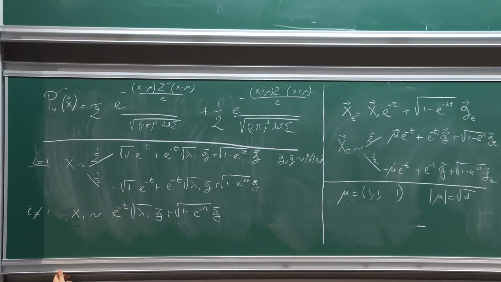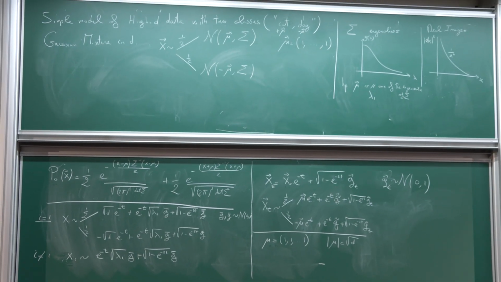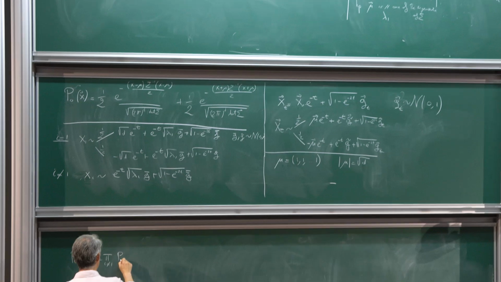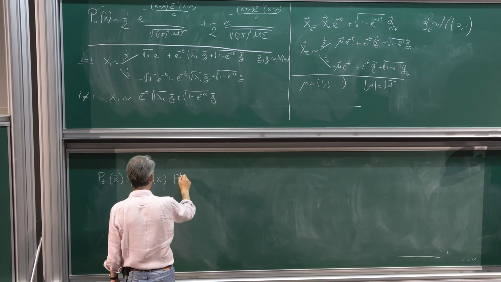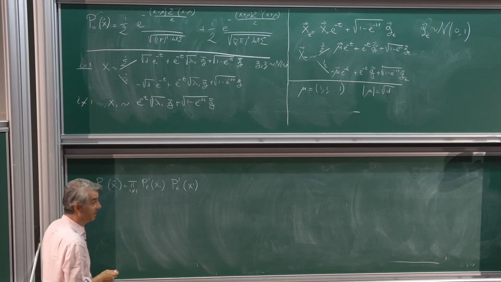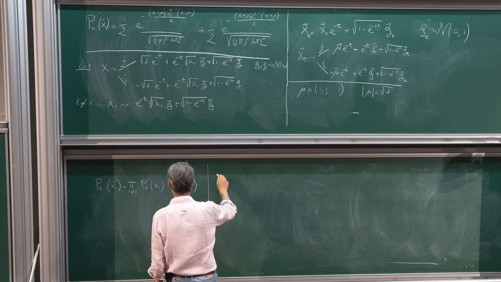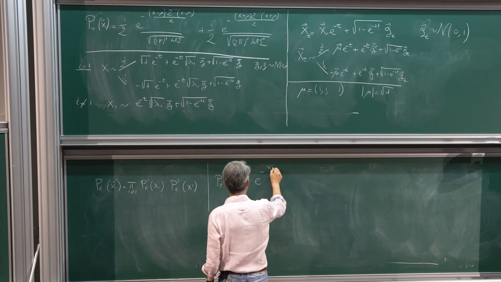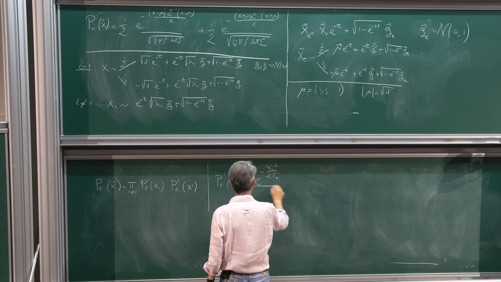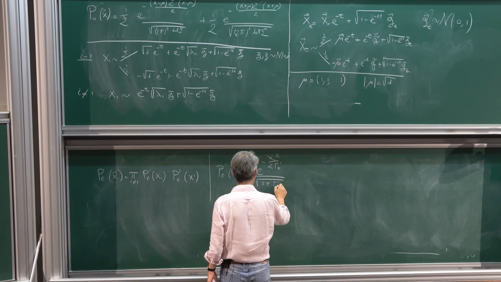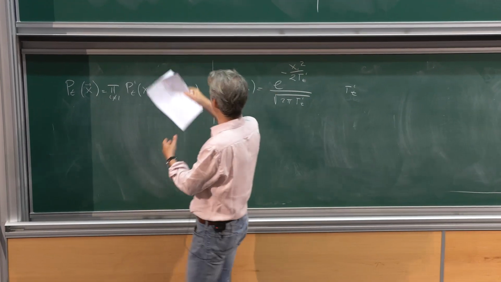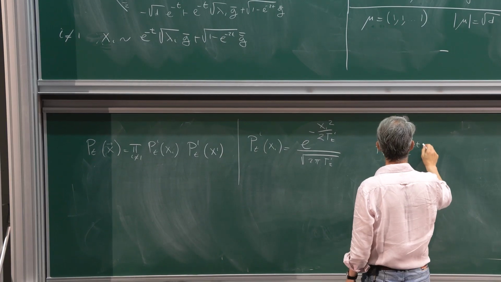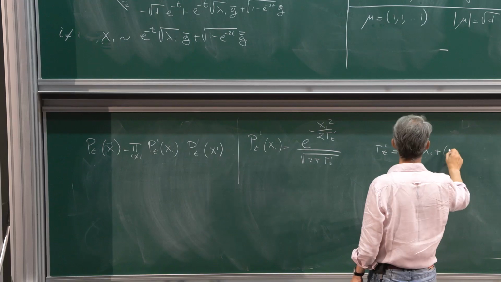All right, let's now write p_t of x, and then we get the score. p_t of x we can write as the product over i different from 1 of p_t of x_i, times p_1t of x1, because these variables are independent. p_ti of x_i we can read from here: exponential of minus x_i squared divided by 2 gamma_it, divided by square root of 2 pi gamma_it, where gamma_it is a sum of two independent Gaussian variances, so it is exponential of minus 2t lambda_i plus 1 minus exponential minus 2t.